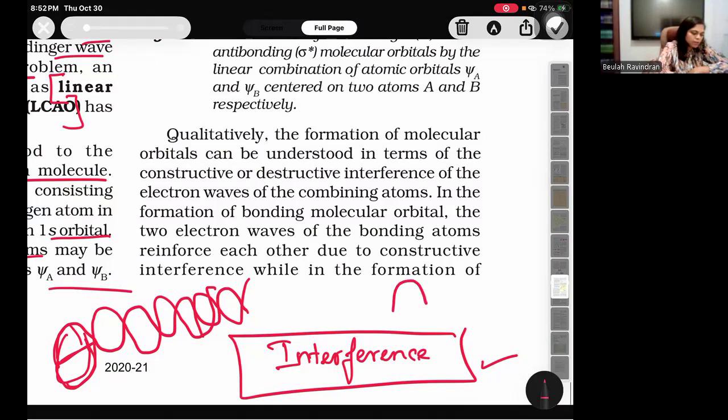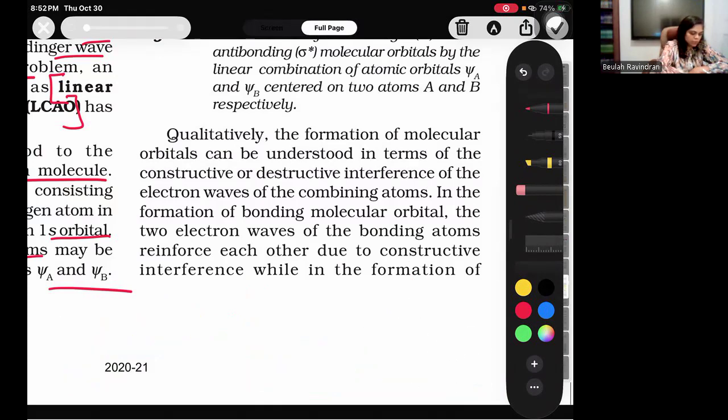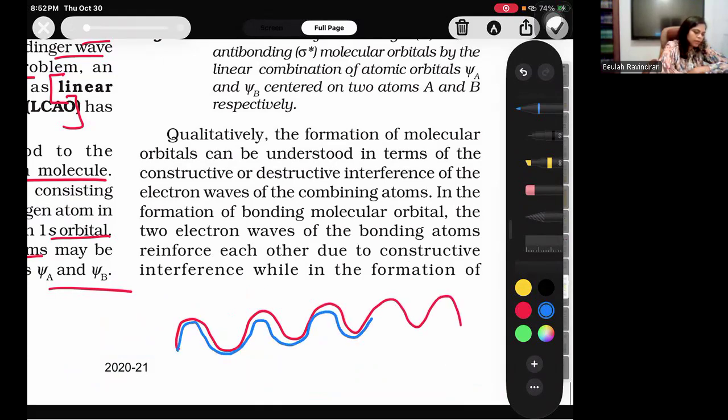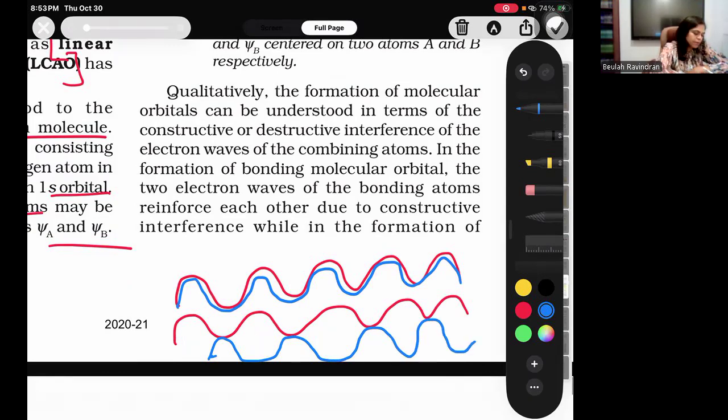Suppose the maximum is combined with the minimum. See, for example, this is one wave and this is another wave. This is constructive, we can say. This one way, this another way: this is destructive. Because if plus and minus combine, what will happen?